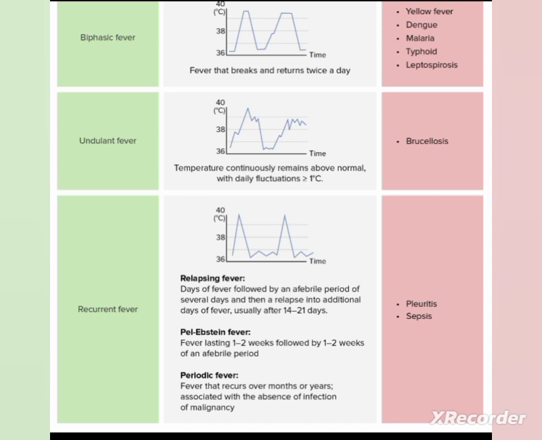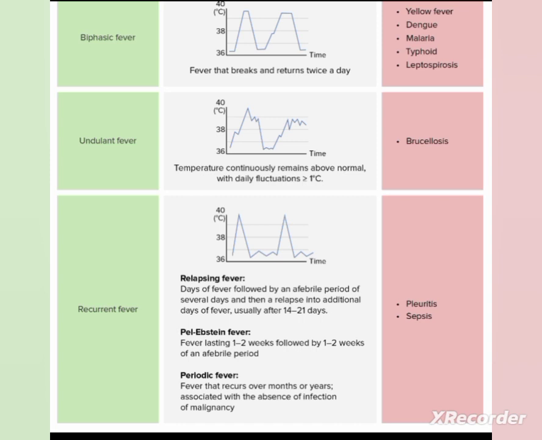Next one, recurrent fever. Here, relapsing fever. Relapsing fever means days of fever followed by an afebrile period of several days and then relapse into additional days of fever, usually after 14 to 21 days. So relapsing fever means it will relapse. Here the person will have a fever period and an afebrile period.